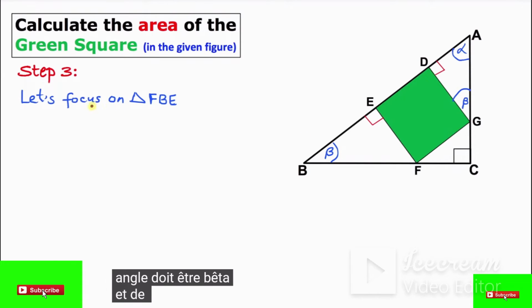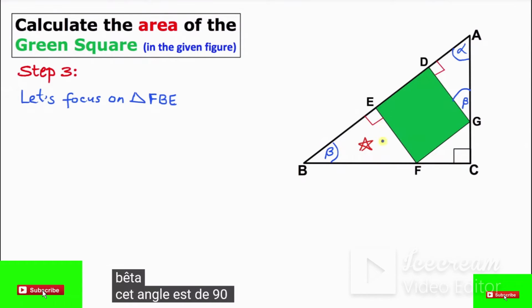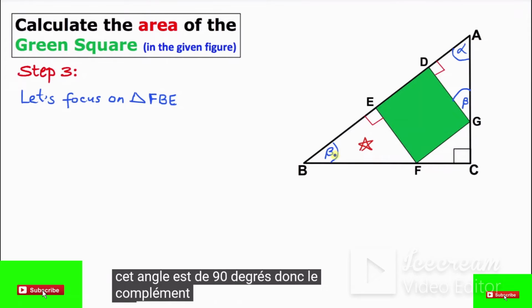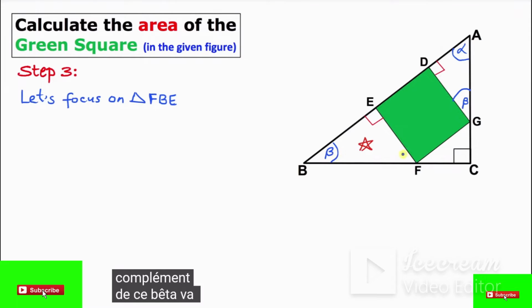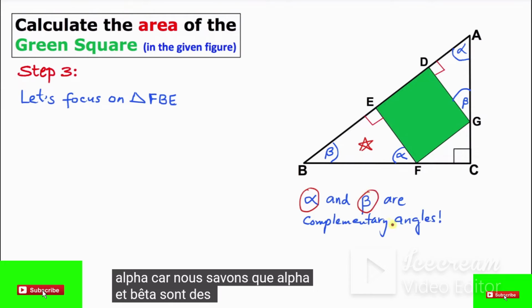And furthermore, let's look at this right triangle FBE right up here. As we can see, this angle is beta, this angle is 90 degrees. So the complement of this beta is going to be alpha, because we know that alpha and beta are complementary angles.